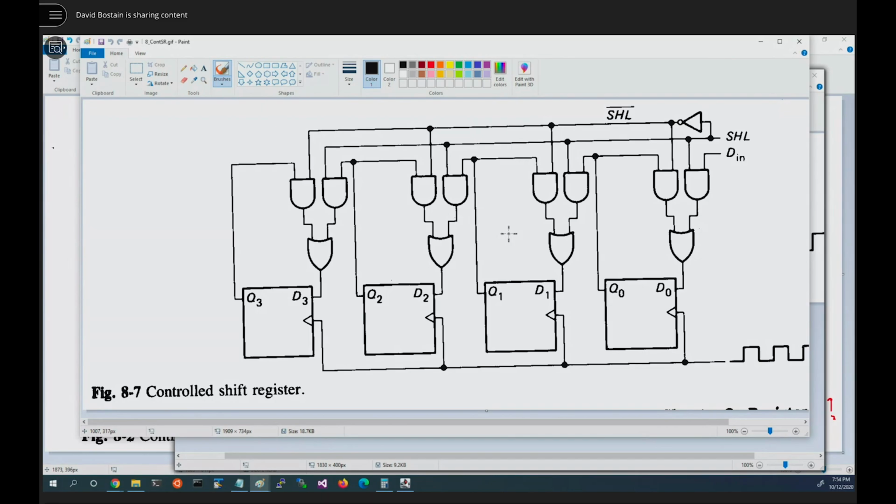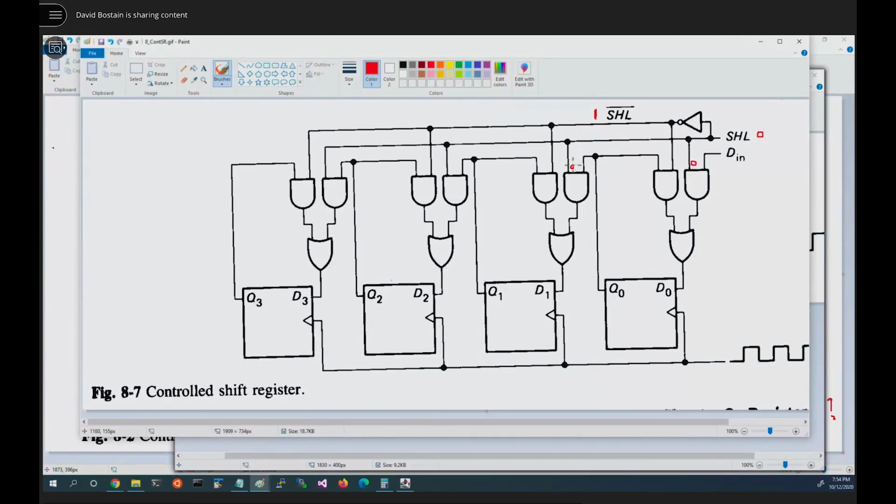Okay, I'm sure by now you have figured it out. So let's label these. I'll label in red when shift left is a 0. So it's a 0. This is a 1. So all of the ones that this guy is hooked to are disabled right now because at least one of the inputs will be a 0. So he's got a 0 coming in.